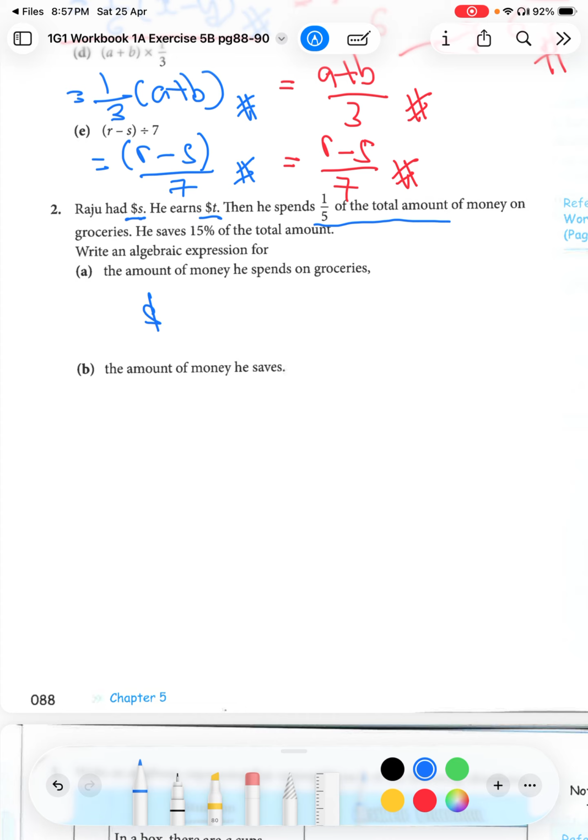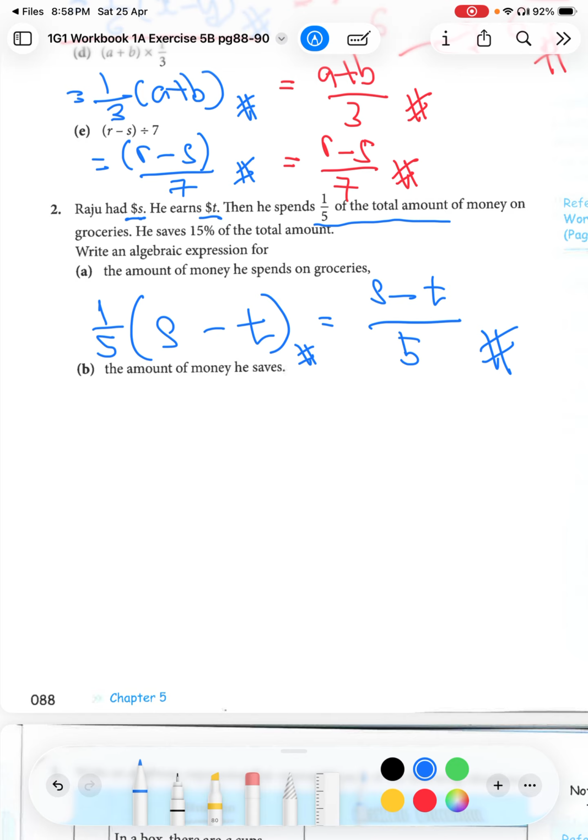Actually you don't need to write the money. He has S dollars, he spent T dollars, he spent 1/5. So this is the amount of money he spent on groceries, 1/5 of this. You write this, it is correct. You write this, it is also correct. Both are fine. You decide which one you prefer.